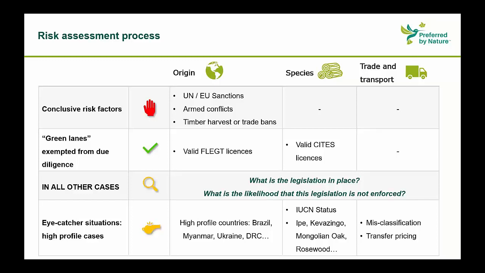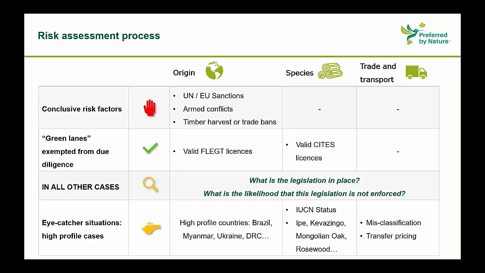Now we also have two kinds of green lanes, so cases where the timber products are really exempted from due diligence, and that would be FLEGT license for the origin part and CITES license for the species part, right? However, once you've excluded all those green lanes or no-go scenarios, in any case, operators must ask themselves: what is the legislation in place and what is the likelihood that it's not properly enforced, right?